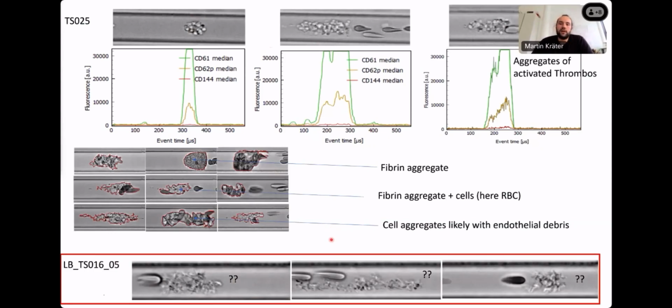At the moment, we are trying to add this information to our neural nets in order to classify not only the cells, but also different subtypes of clots, currently operating in the range of 30 different event classes in blood.